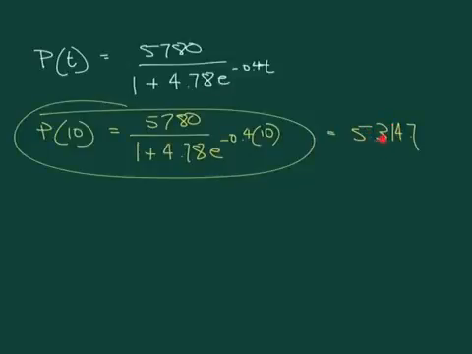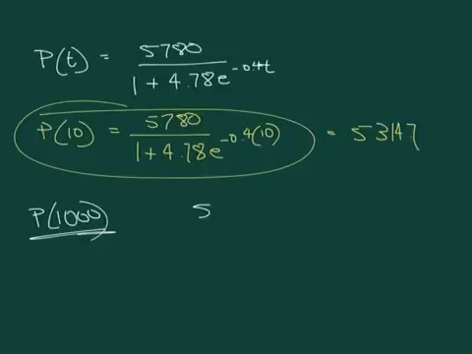Lots of people having babies. We said the island can only hold 5,780. As t gets larger and larger, the population gets closer and closer to the 5,780 maximum. The thing to remember is it will never get there. For instance, if I put in 1,000 years, the population might be 5,779.888.